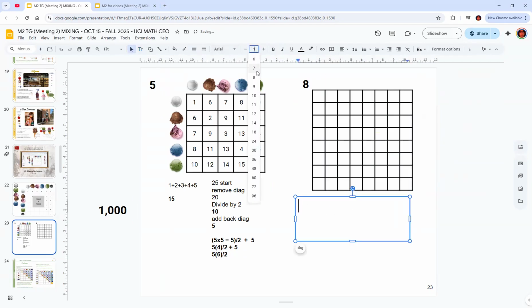So we would do the same, right? We would do 8 times 8. That would be all the cases. The diagonal is 8. So what you end up doing is 64 minus 8. Okay, so that's 56.